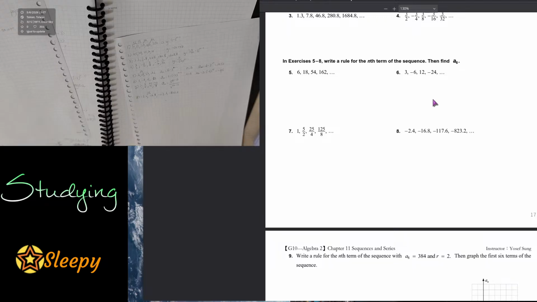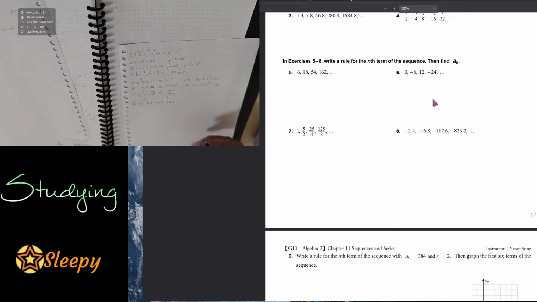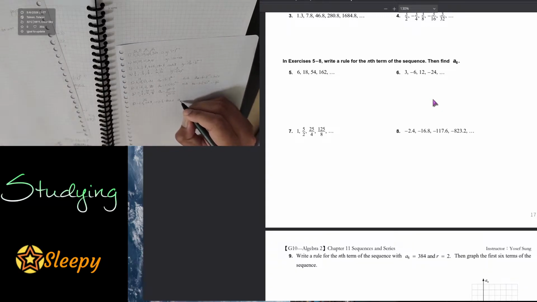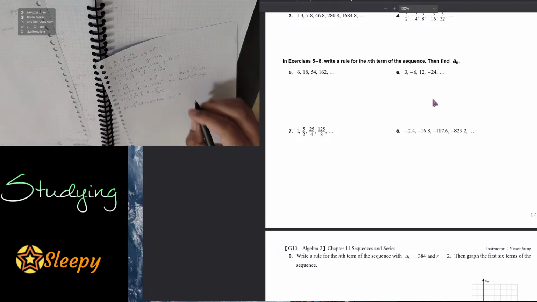So a_n is minus 2.4 times 7 to the power of n minus 1.